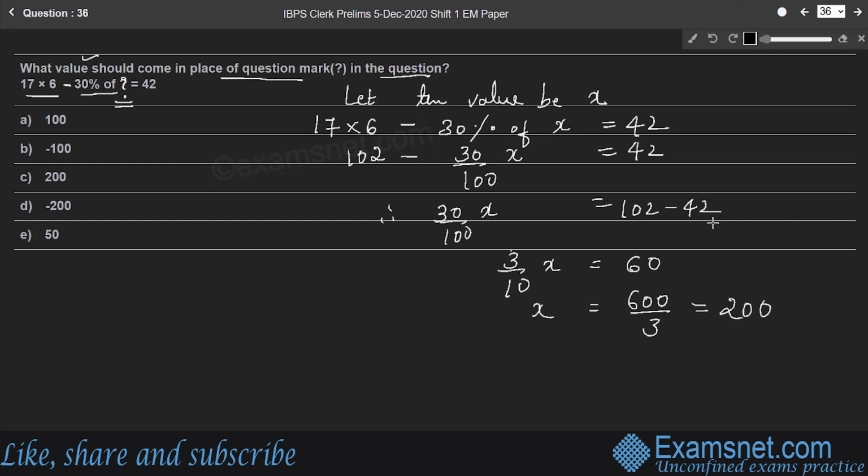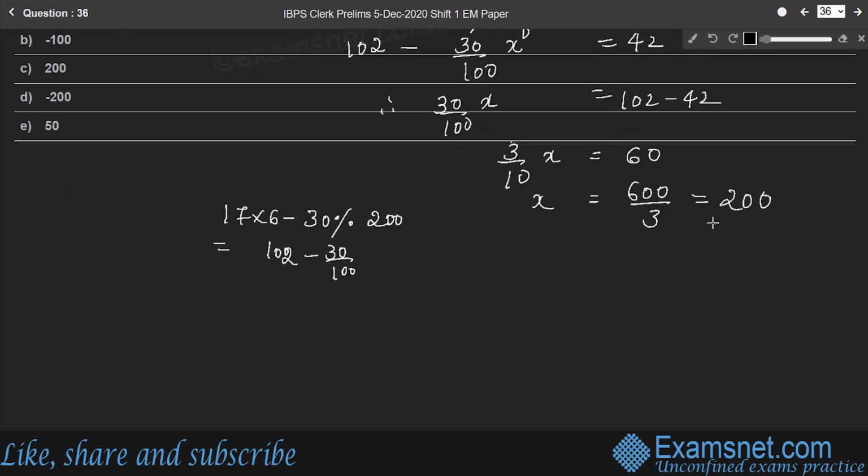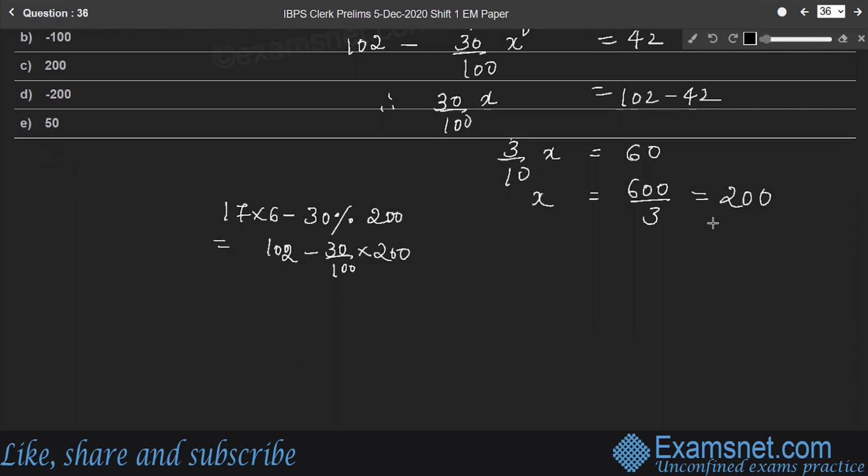Right? Therefore, the value 200 should come in place of question mark. Let us verify the answer. So the question is 17 into 6 minus 30% of x, with x as 200, is equal to 102 minus 30% means 30 by 100 into 200, which is 102 minus 60, which is 42.